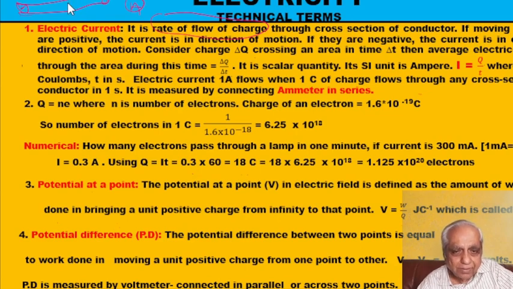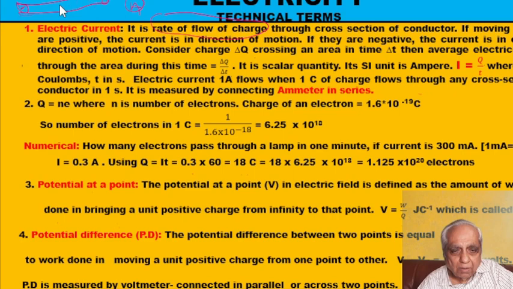But in a liquid, in a solution, we may have ions. Ions also flow. We may have positive ions as well as negative ions, and they may flow. So that is also current. So electric current means rate of flow of electric charge through any cross section of the conductor. But in metals, we will be coming across only flow of electrons, because protons don't flow.